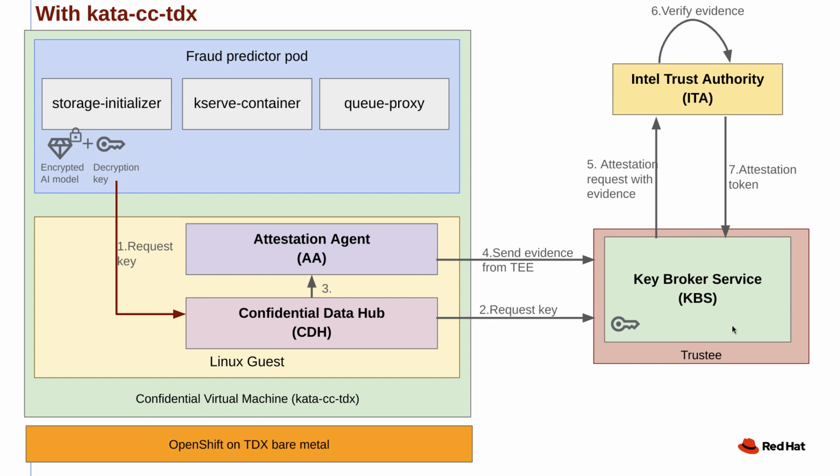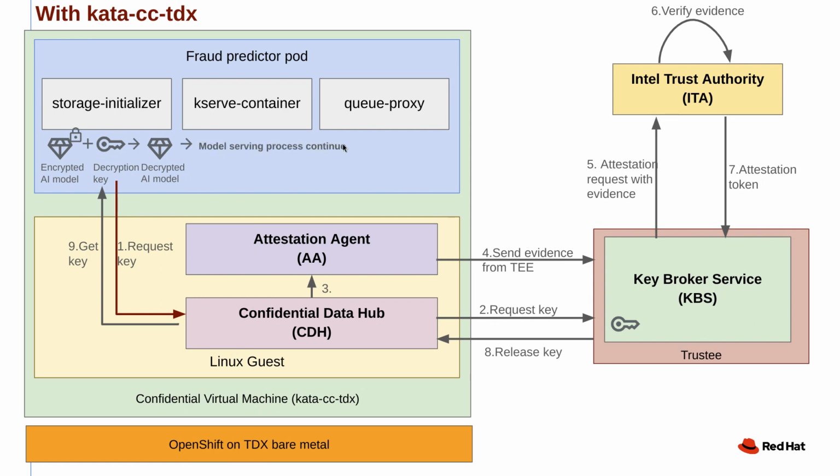Now the KBS gets the attestation token, and it will release the key to the CDH. So the container can get this key. After the decryption key is retrieved successfully, the encrypted AI model can be decrypted successfully. So the model serving process will continue, and the model serving containers will be running.